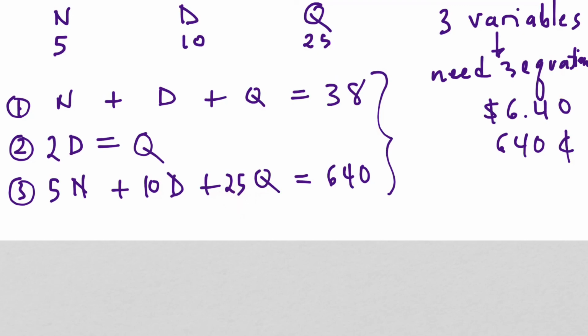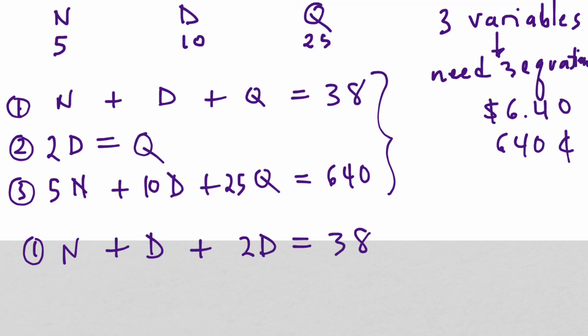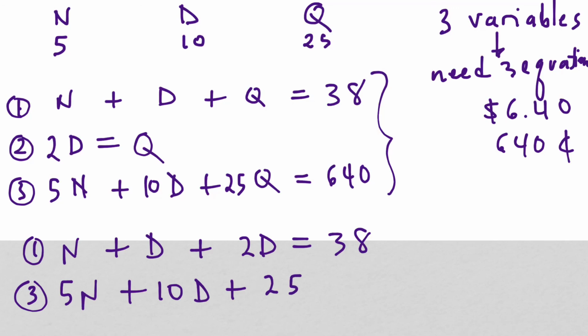All right, so looking at equation 1, I'm going to say N plus D plus, replacing Q with 2D, equals 38. And looking at equation 3, I'm going to say 5N plus 10D plus 25 times Q, which is now 2D, is equal to 640. All right, so now I'm going to solve these 2 simultaneously.